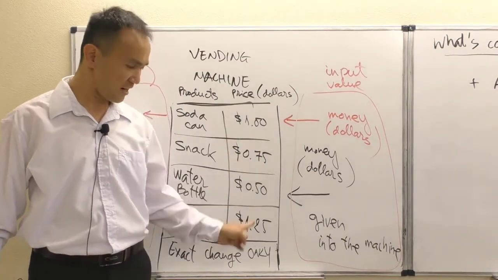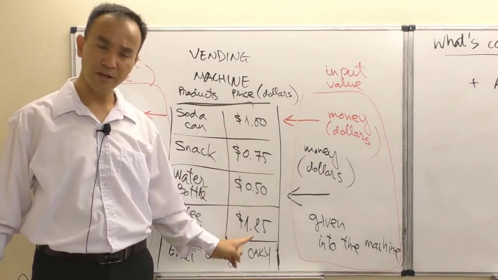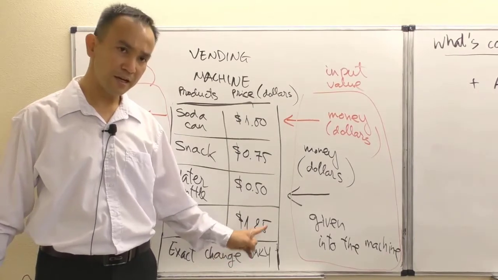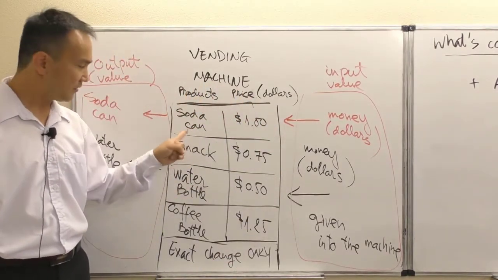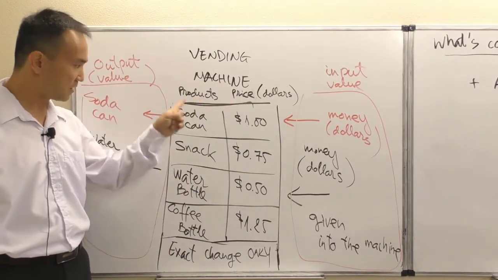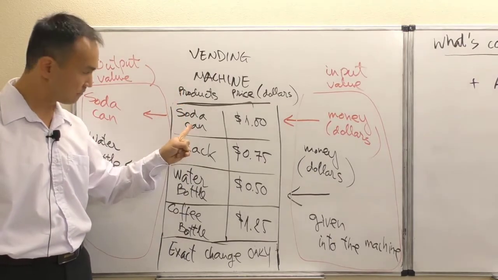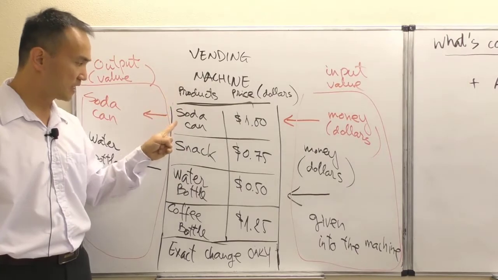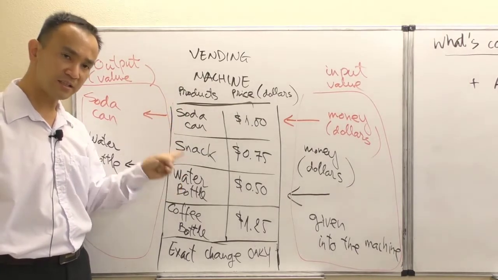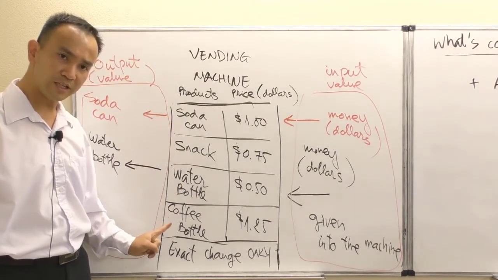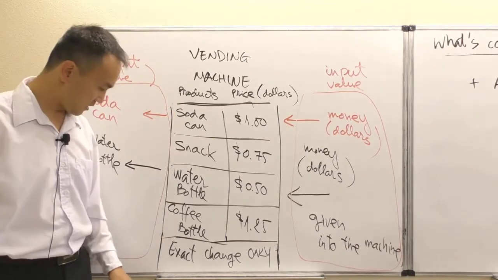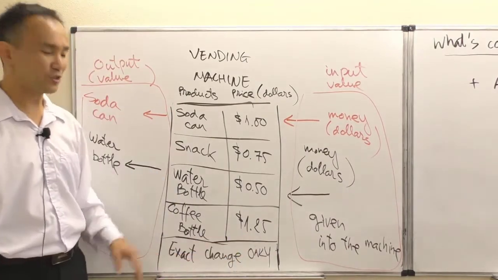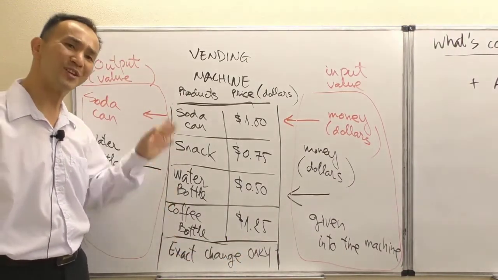So here it is. Yes, it's a numerical value. It's money. But here's the thing. Having a different product, it's also a variable. Product itself is a variable. These are different values. The product can be either a soda can, or a snack, or a water bottle, or a coffee bottle, or well, this line doesn't count. So we only have four different values according to this table.